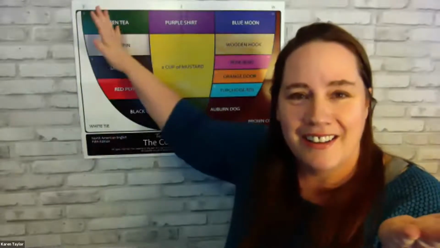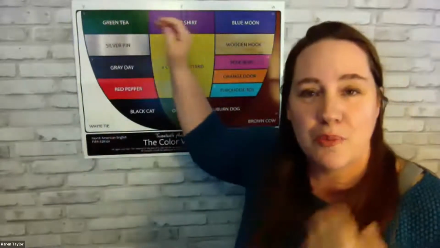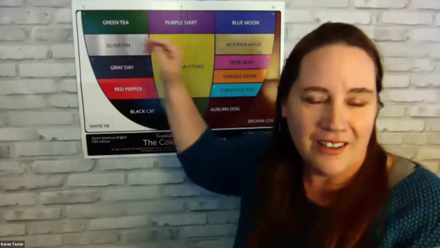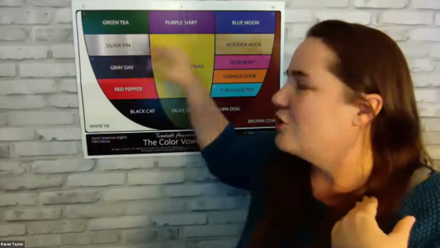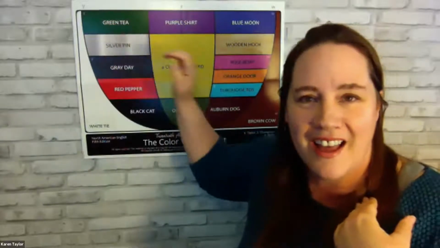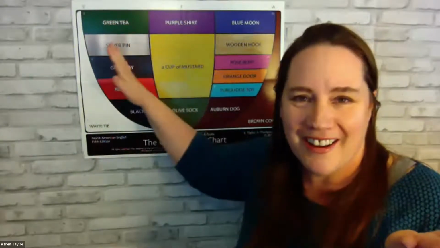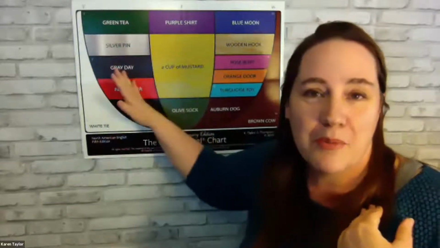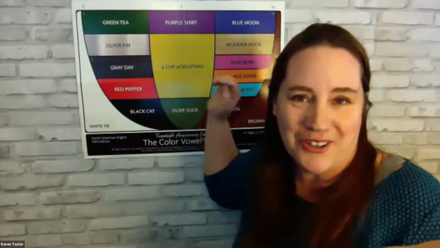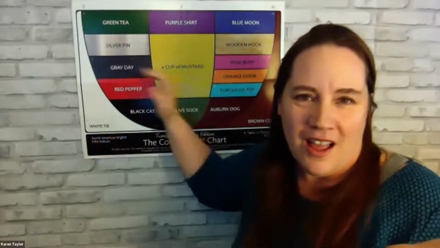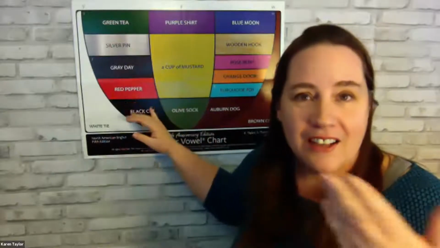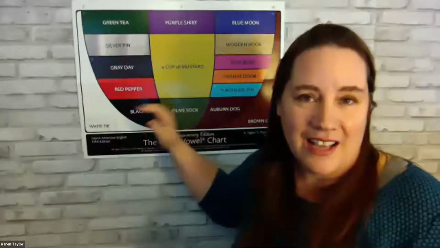T, E. Silver, pin, I, your turn. Silver, pin, I. Gray, day, A, your turn. Red, pepper, your turn. Black, cat, your turn. Black, cat.